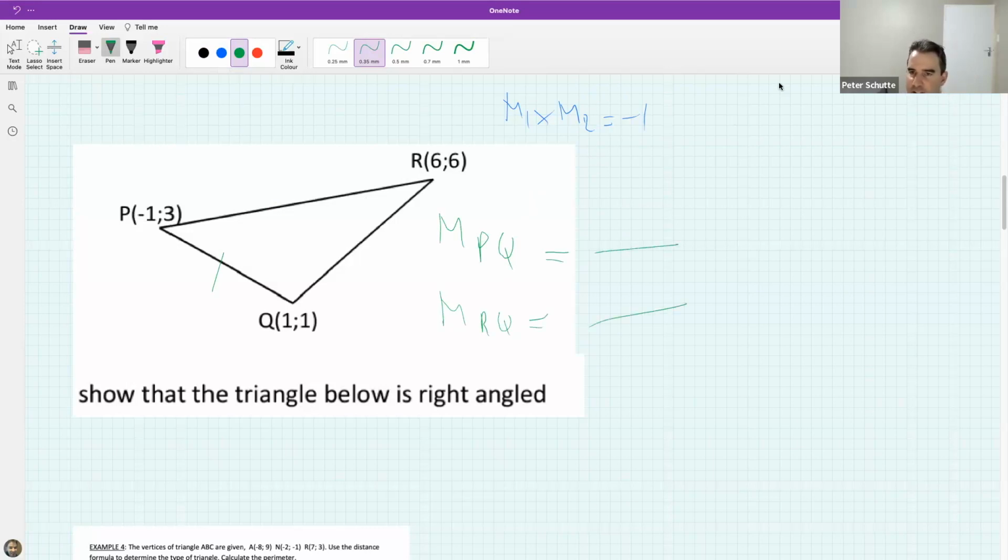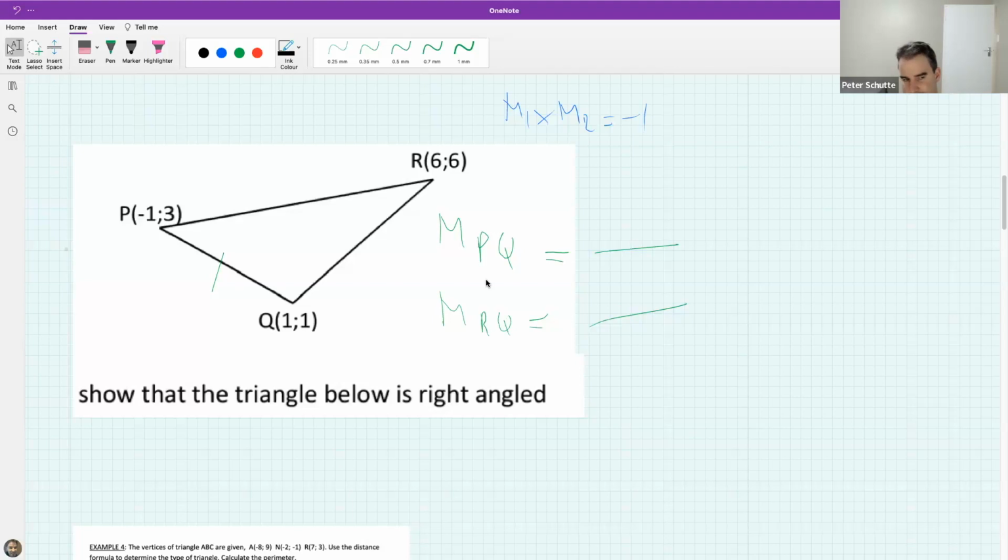So why don't you satisfy my curiosity and find me the gradients of those two lines, and then we'll decide whether or not we think this triangle is right angled. Because whenever we do this section, we always want to choose the shortest way to do it. And so converse Pythagoras could work, but the gradient formula is nice and easy to use.